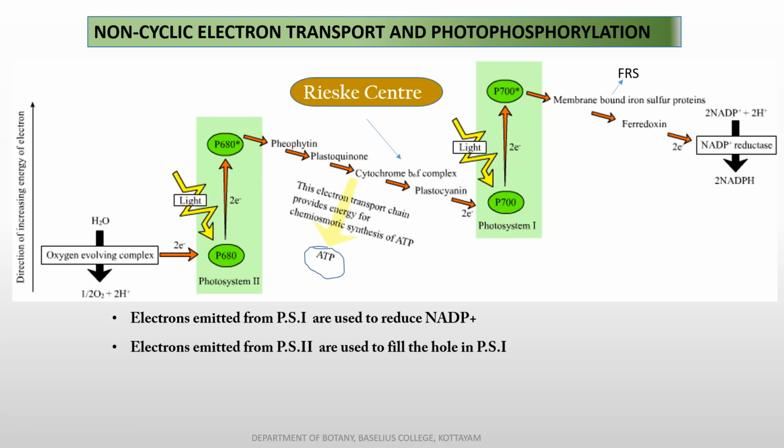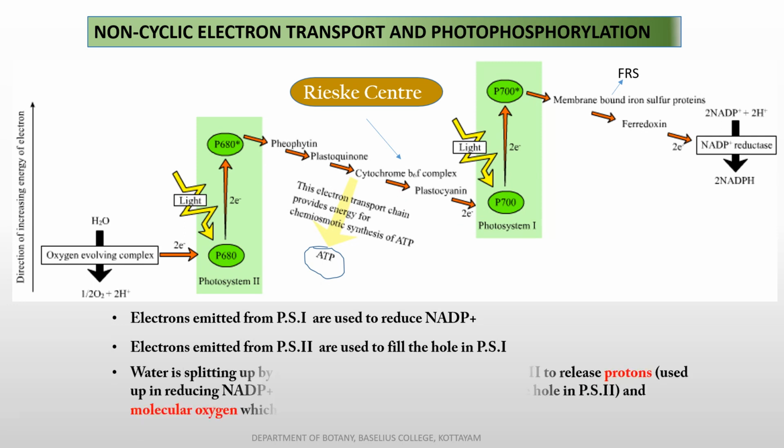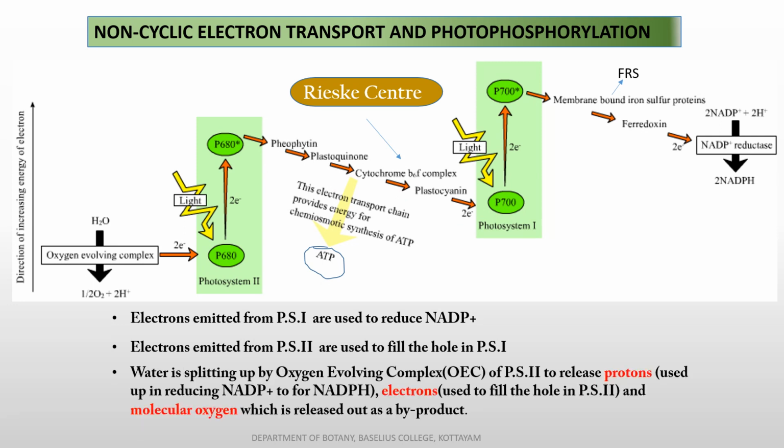Non-cyclic electron transport possesses one important process, that is photolysis of water, in which water is split by the oxygen evolving complex of pigment system 2. This is very important. Pigment system 2 is directly involved in this photolysis, and the oxygen evolving complex takes part here to release protons, electrons and molecular oxygen.